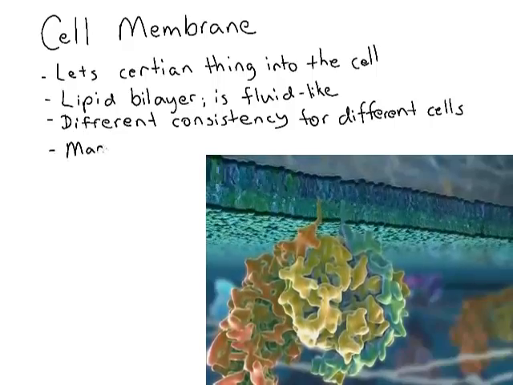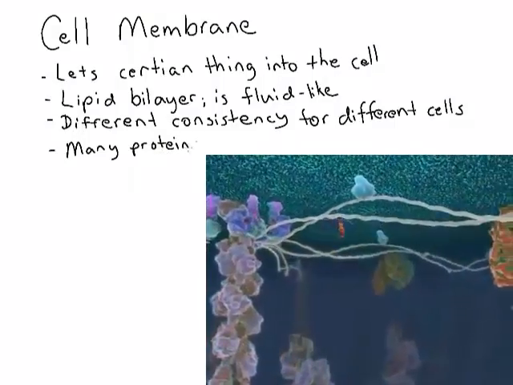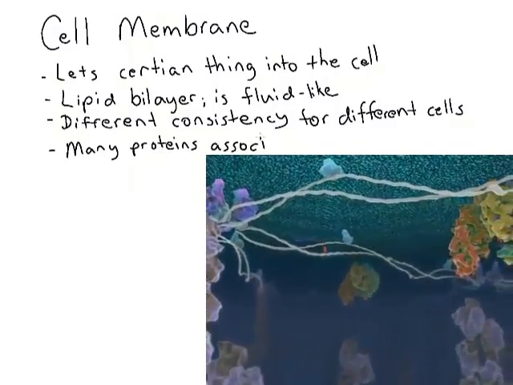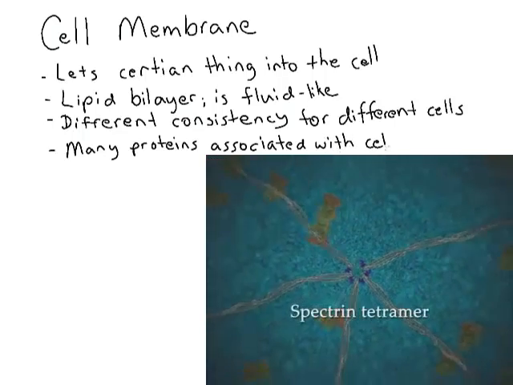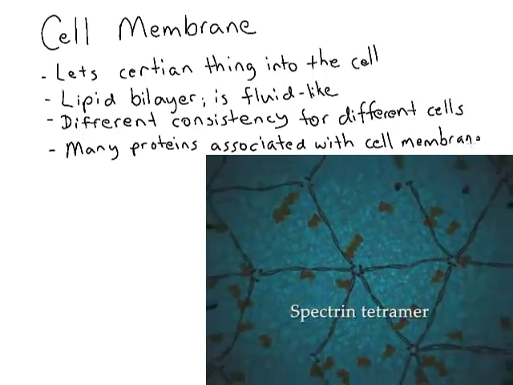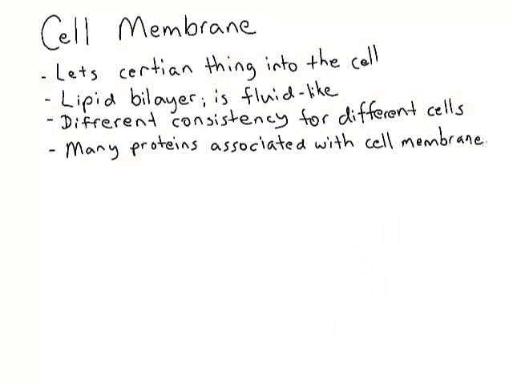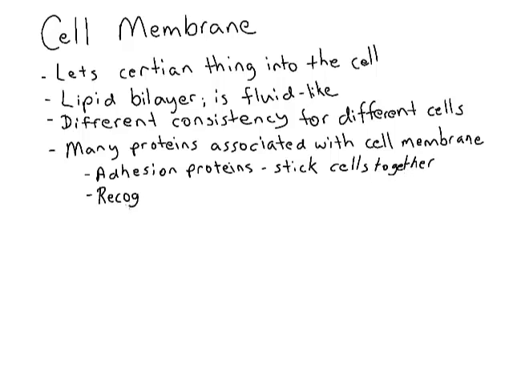There are also many types of proteins associated with a cell membrane. Some of these are permanently attached to the lipid bilayer, while others are only temporarily attached. Each of these proteins imparts a specific function to the layer. Some of these proteins, called adhesion proteins, allow some cells to adhere together to form tissue. Recognition proteins in the plasma membrane allow the body's cells to recognize themselves to prevent an immune response from affecting its own cells.